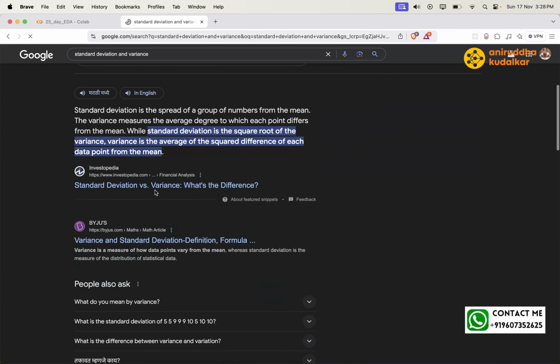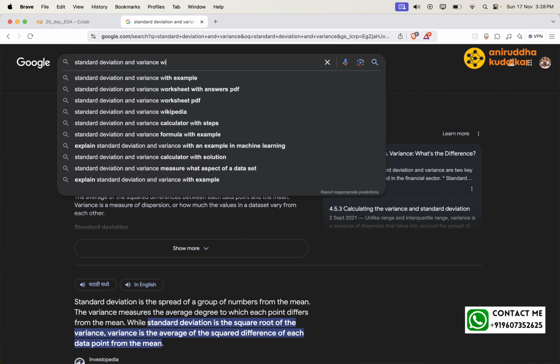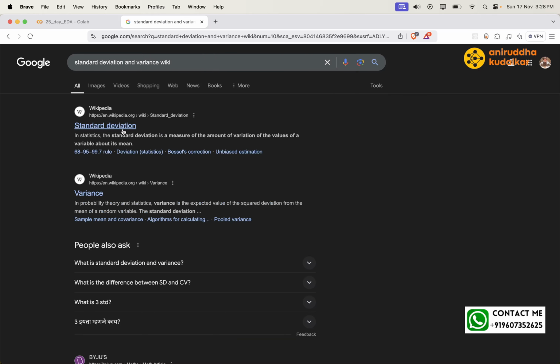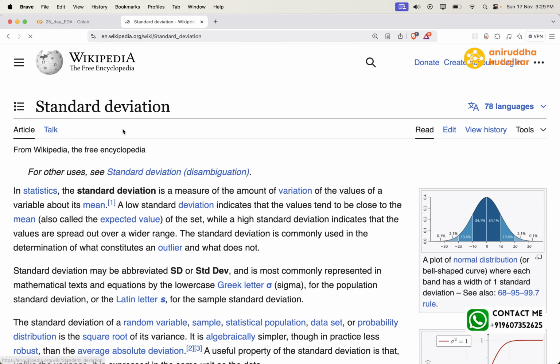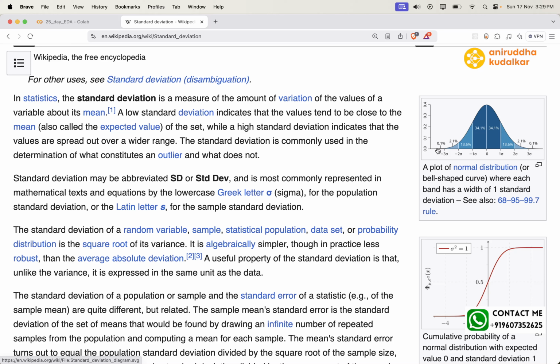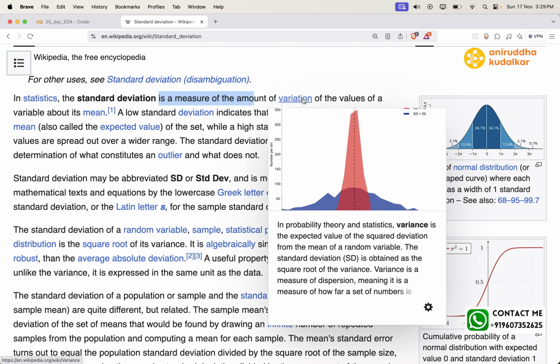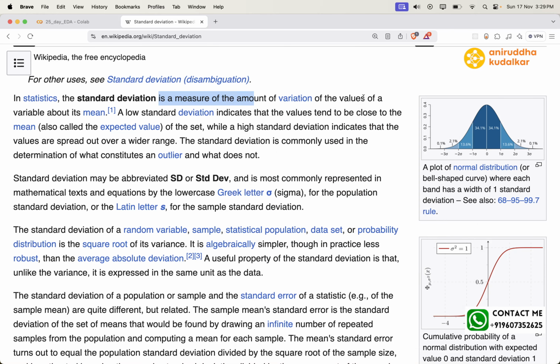If you go to the wiki, if this is how your data is distributed, this is called a normal distribution. In statistics, the standard deviation is a measure of the amount of variation of the values of a variable about its mean.